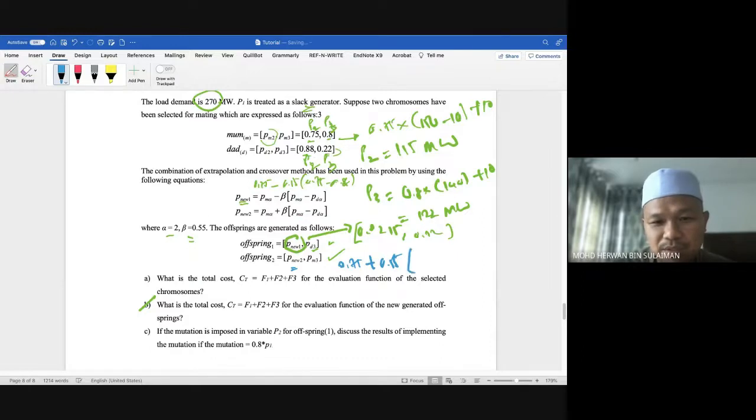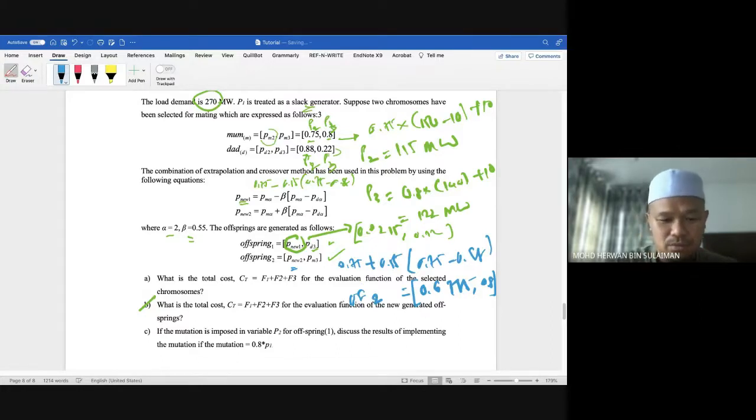This one is similar, 0.75 minus 0.88, times 0.55, plus 0.75. So you get the value for P new 2 is 0.6785. Then P mum is 0.8. So this is offspring number 2, and this one is offspring number 1.